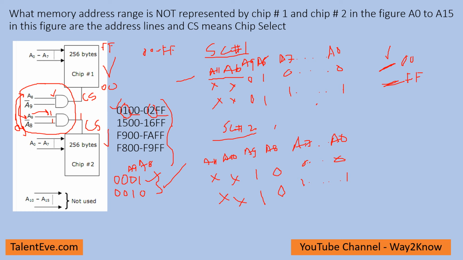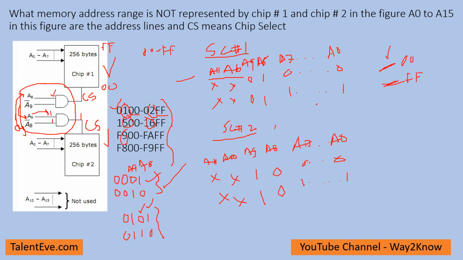So now in this scenario it is 5 and 6. If you take 5, 5 is nothing but 0101, right? And 6 is nothing but 0110. So here also A8, A9 are complement of each other. That means both the chips get selected, right?